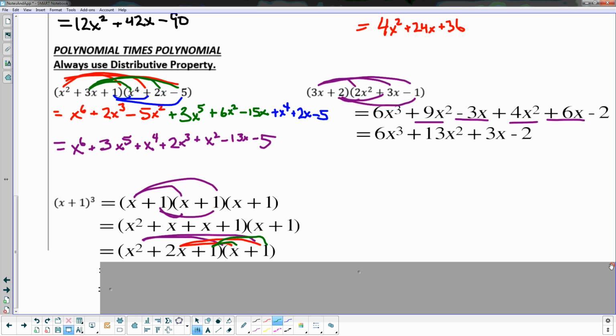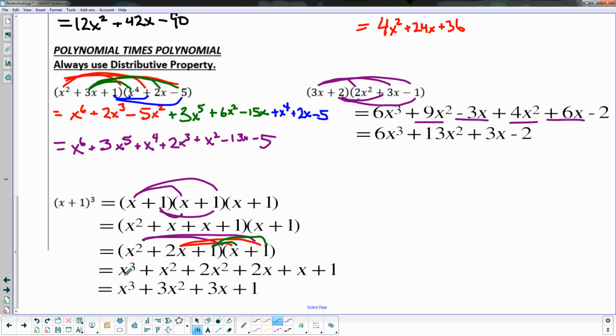When you get that done, you end up with x cubed plus x squared plus 2x squared plus 2x plus x plus 1. That turns into x cubed plus 3x squared plus 3x plus 1. A little bit tough, I know, but if you take it one step at a time, you can get the job done. Have fun. We'll see you in class.